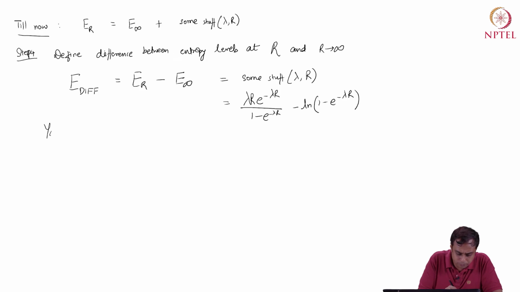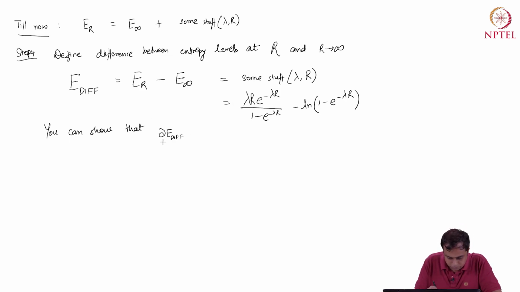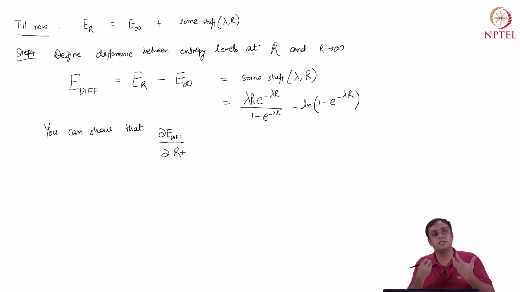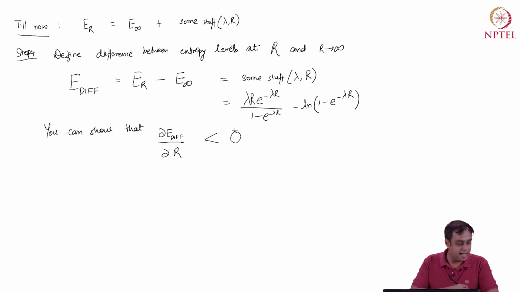You can show that del E diff by del R, where I fix the other parameter, lambda, to understand the impact of the radius R, is less than 0. That means as I increase the size of my city, I get closer and closer to the entropy levels of an infinitely large city.